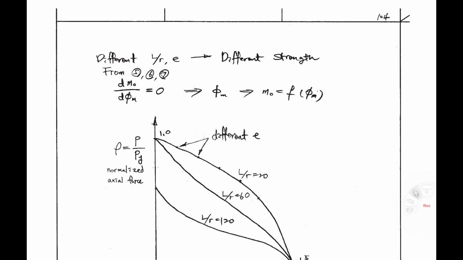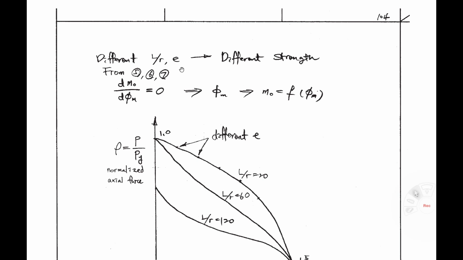So if you use different L/r and E values, then you have different strengths. That means if you apply a different L/r, the slenderness ratio, and E, the eccentricity, then you have different strengths. If you have a small slenderness ratio, you have large strength, for example.